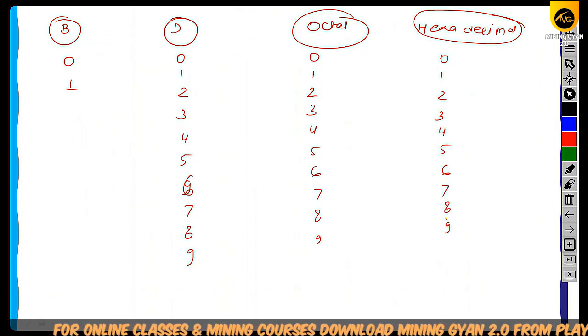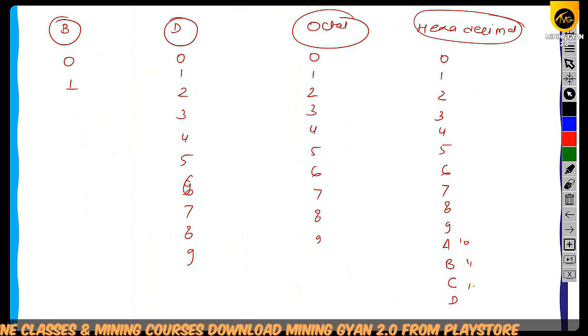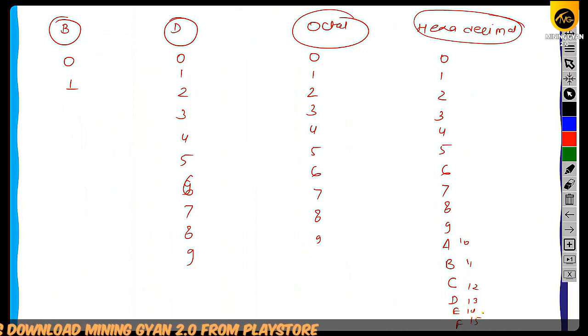Now, similarly, the hexadecimal number system uses 0, 1, 2, 3, 4, 5, 6, 7, 8, 9, but in this case, 10 is represented in alphabetical form as A, 11 as B, 12 as C, 13 as D, 14 as E, and F is 15.